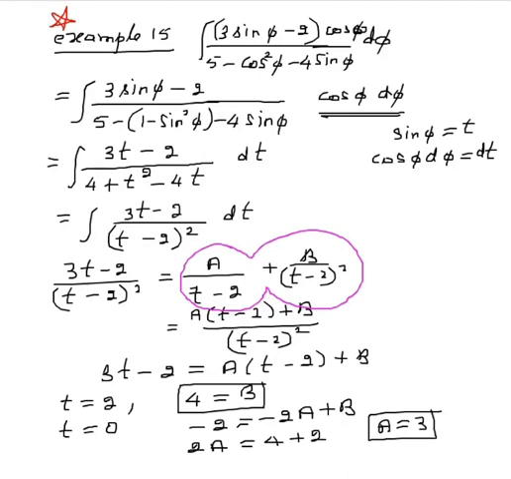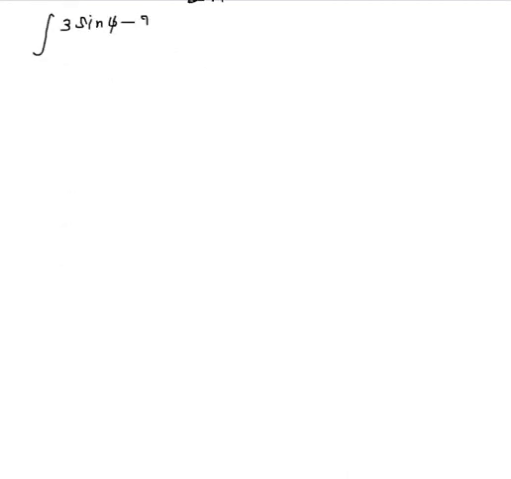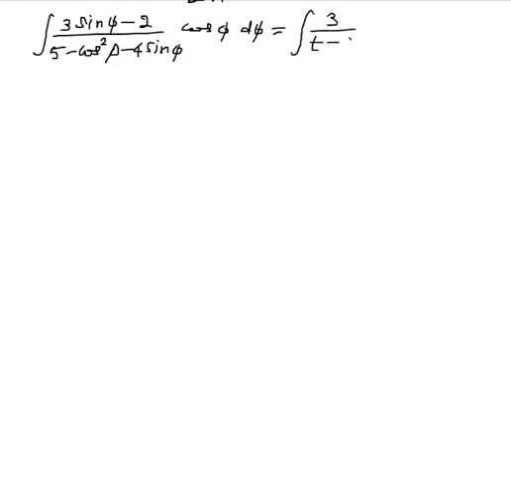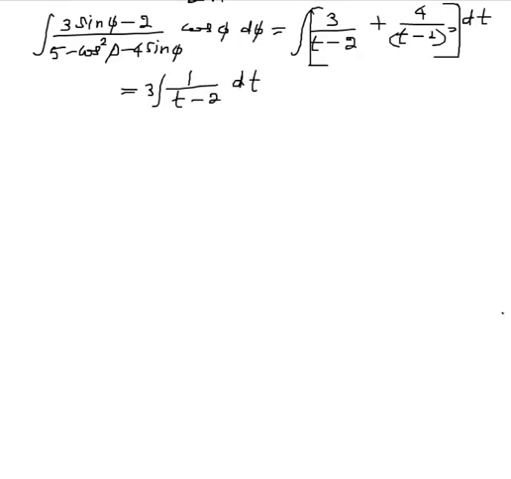Therefore, the given integral of 3 sine phi minus 2 divided by 5 minus cos square phi minus 4 sine phi, cos phi d phi, is equal to integral of A divided by t minus 2 and B divided by t minus 2 the whole square dt, which is equal to 3 times integral of 1 by t minus 2 dt plus 4 times integral of t minus 2 the whole square dt.